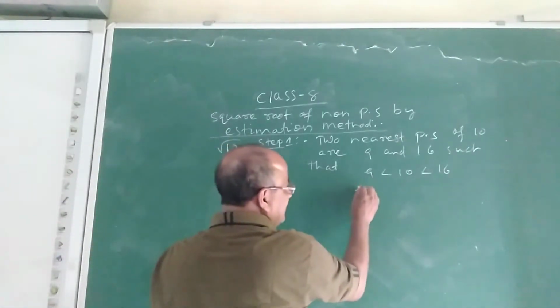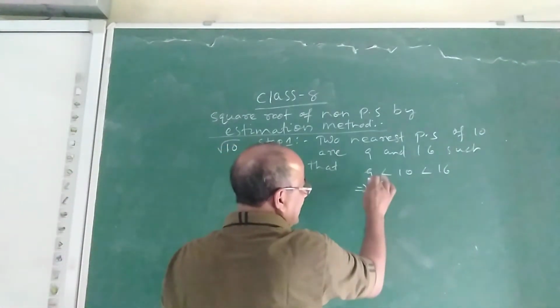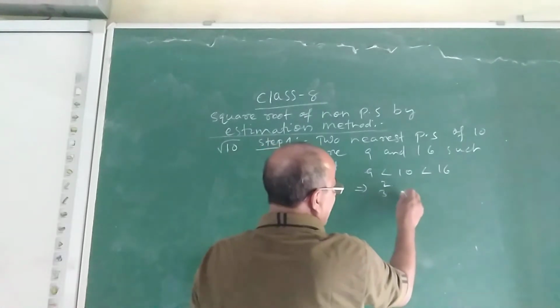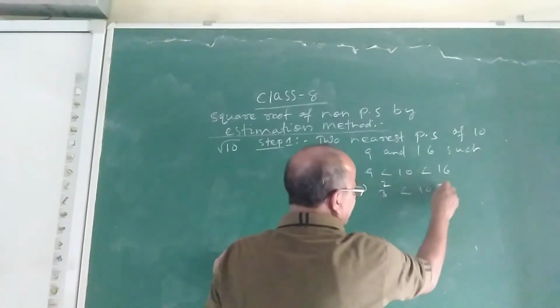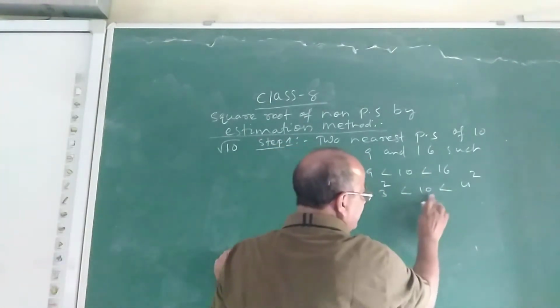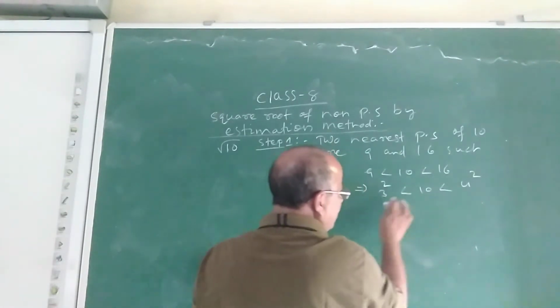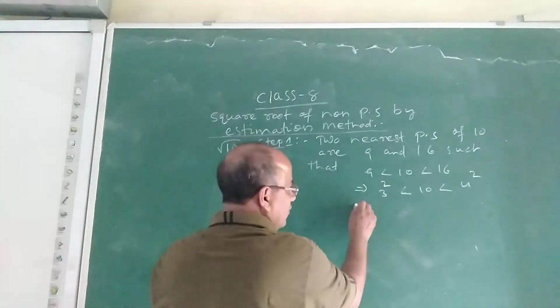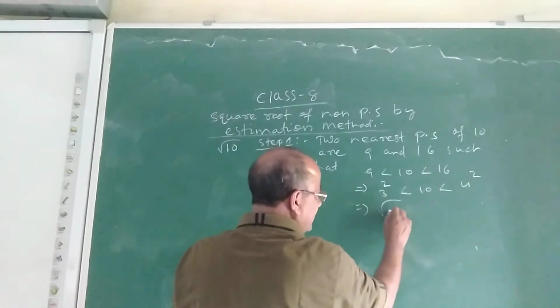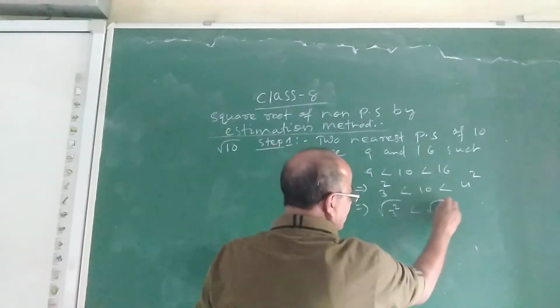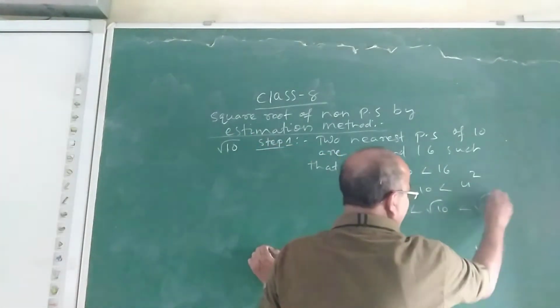Now see, 9 we can write as 3 square and 16 is 4 square. That means 10 lies between the square of 3 and the square of 4. Now take the square root of 3 square, the square root of 10, and the square root of 4 square.